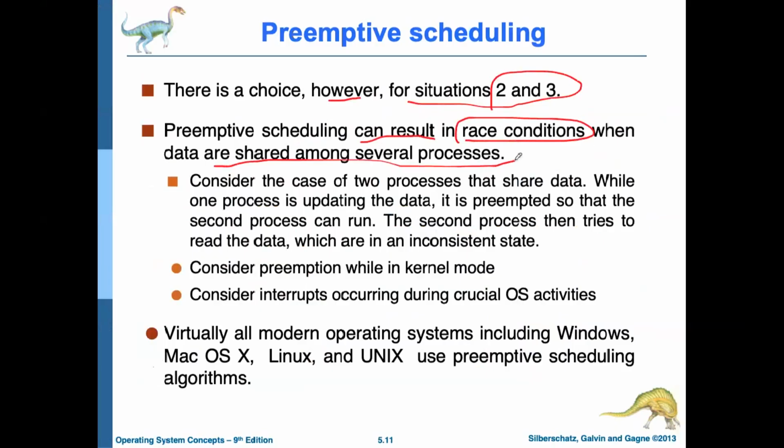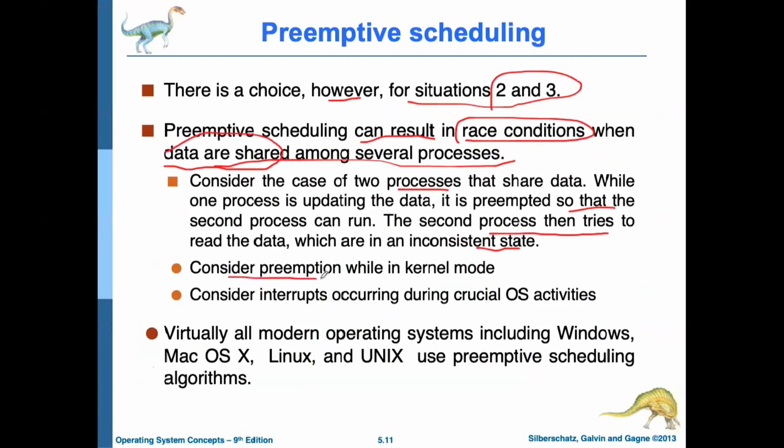Consider the case of two processes that share data. While one process is updating the data, it is preempted so that the second process can run. The second process then tries to read the data, which are in an inconsistent state.